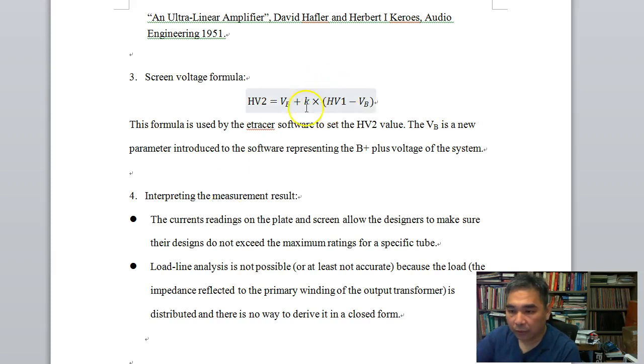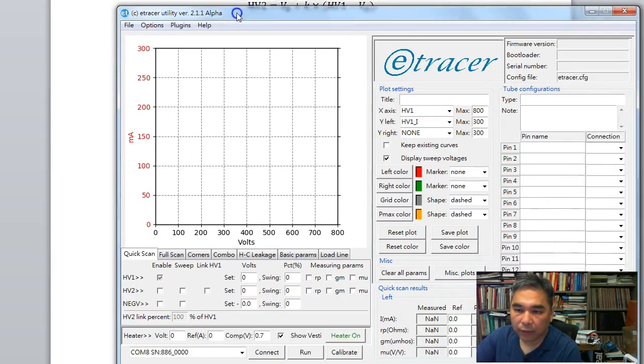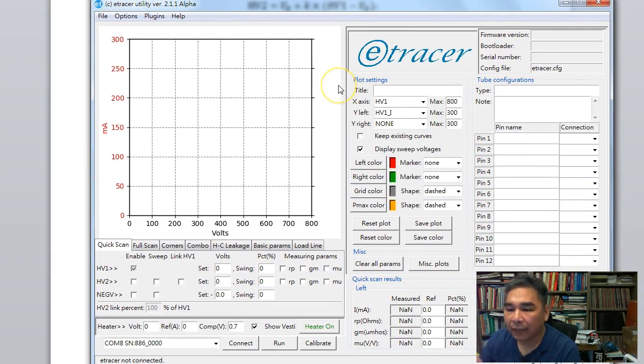So with a K in between 0 and 1, the AC component on HV2 is set accordingly. Okay, so that's it. In the previous release, I didn't consider the AC component of the signal.